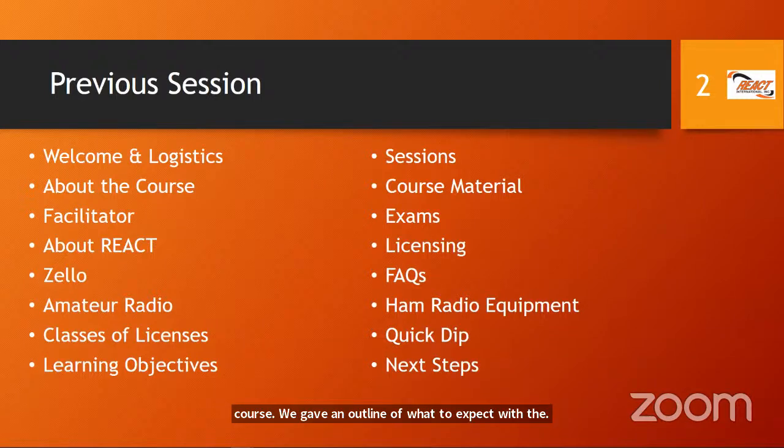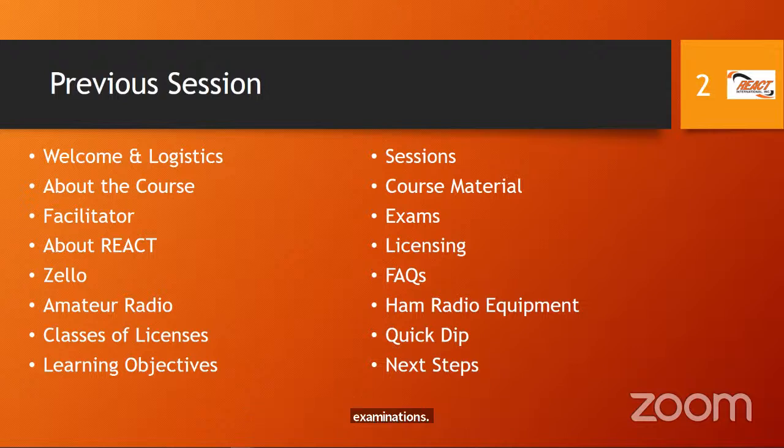Then we had a look at the course material that we'll be distributing to all of the participants, as well as the optional material, inclusive of the text that is going to be used by the instructor. We also had a look at the amateur radio examinations to become a licensed ham.